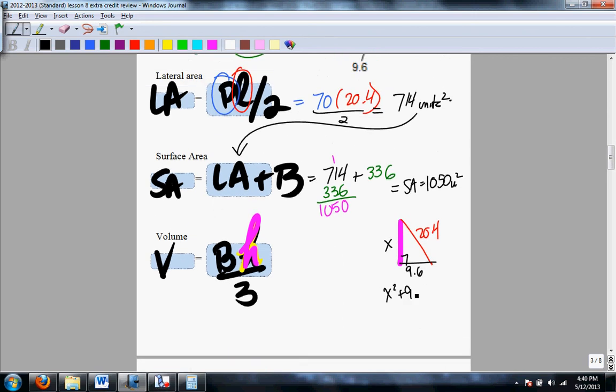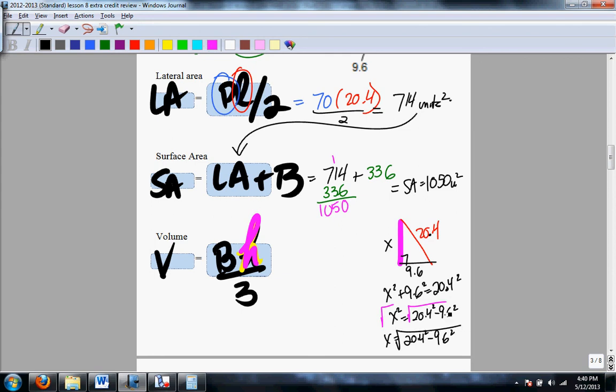X squared plus 9.6 squared equals 20.4 squared. So we have x squared equals 20.4 squared minus 9.6 squared. To get just x, we're going to square root. So we have x equals the square root of 20.4 squared minus 9.6 squared.